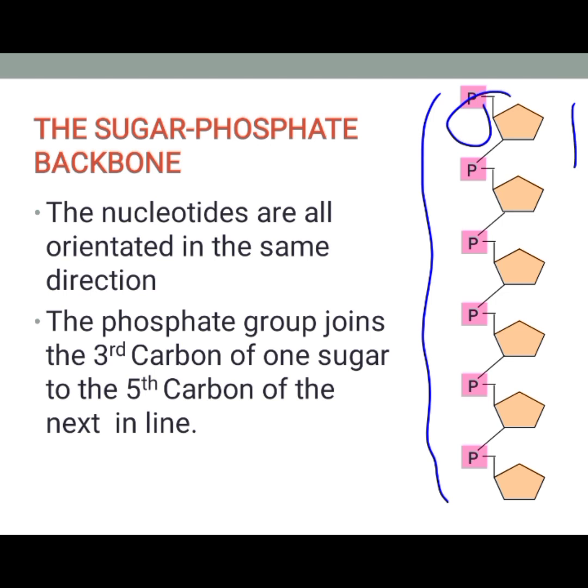For example, this carbon of the sugar will be the third one, and this one will be the fifth one. The first phosphate links with the third carbon and the second phosphate links with the fifth carbon. In this manner it is arranged, so it is a 3'-5' model.